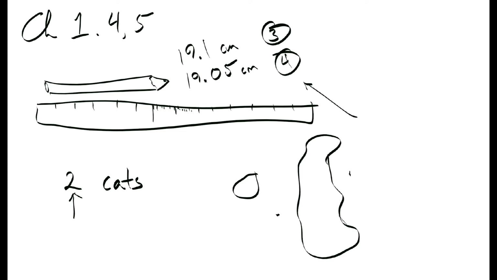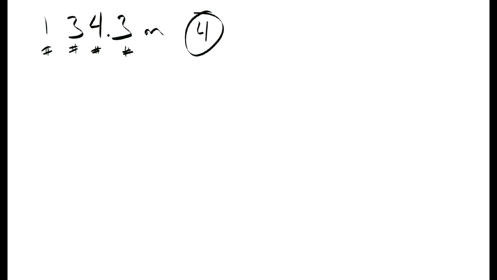So, what is a sig fig? Okay. Well, how do we count sig figs is what I should be saying here. First off, any non-zero number in a measurement is significant. Okay. So 134.3 meters. Non-zero, non-zero, non-zero, non-zero. You have 4 sig figs, 4 significant figures. 130 meters, non-zero, non-zero.